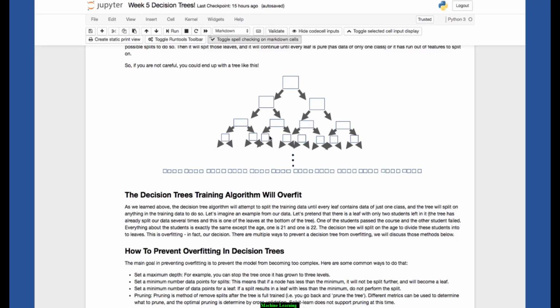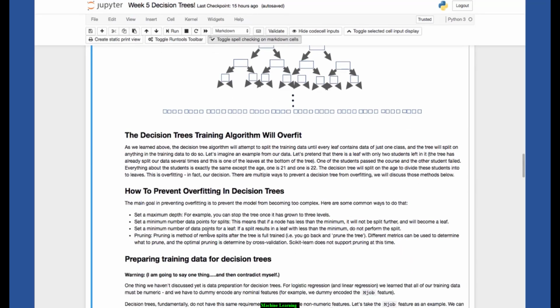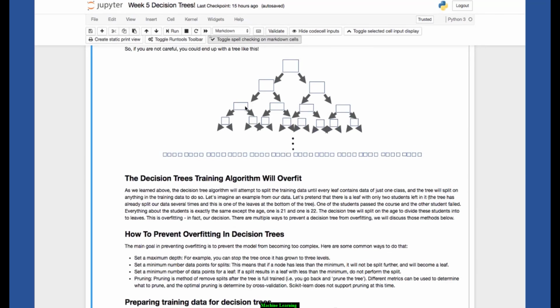And that's important. We'll see this more, but parts of the tree can stop early. So this half of the tree could come to a stopping point over here, but another part could continue for a while. You could also set a minimum number of data points for a leaf. This is similar to a minimum number to split, but this time it looks at the results of the split.